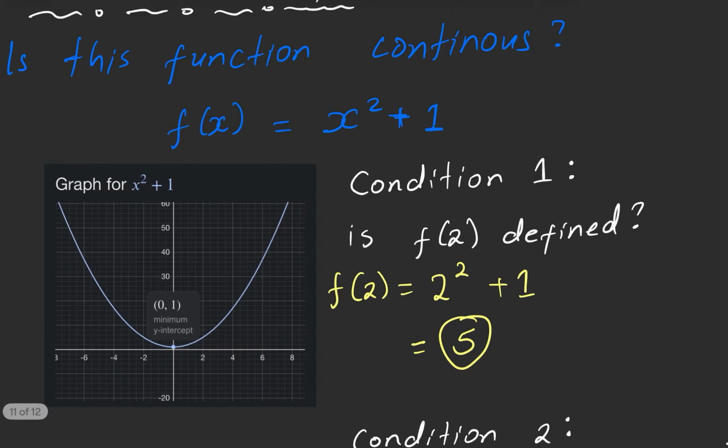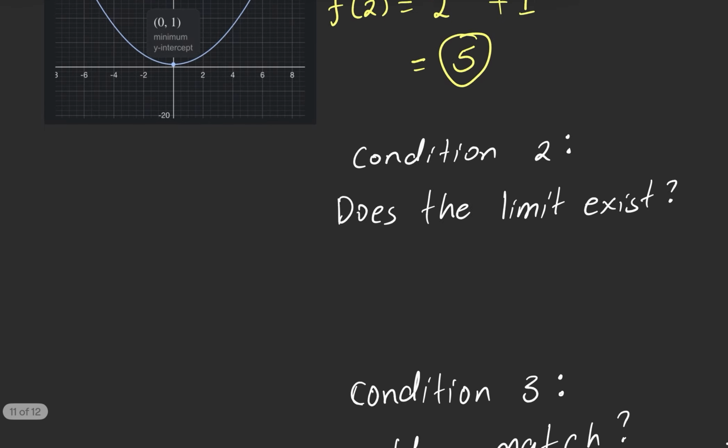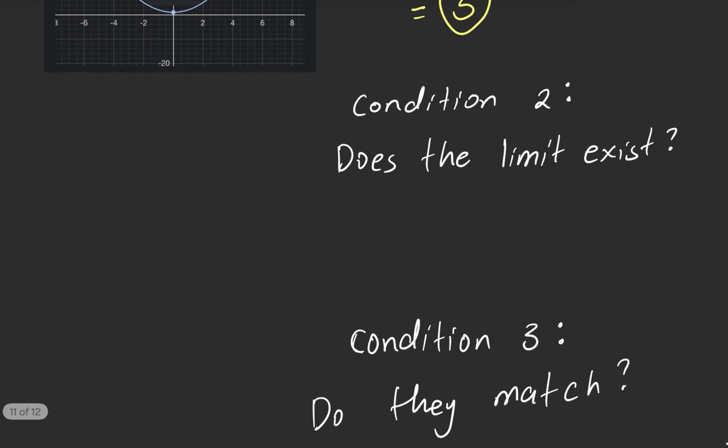The second condition we have to check is: does the limit exist at 2? Since this is a polynomial, we can use direct substitution. We can plug in the value straight in because polynomials are continuous everywhere, and this method always works for them.